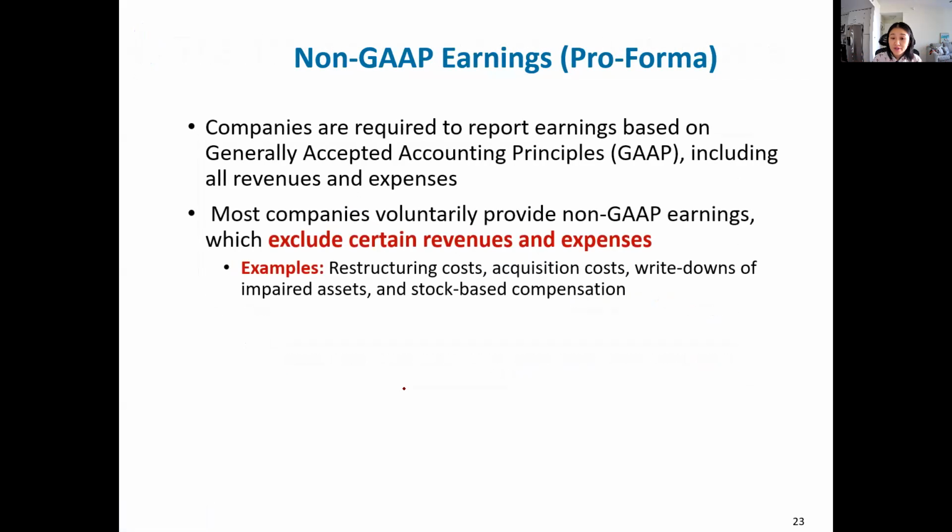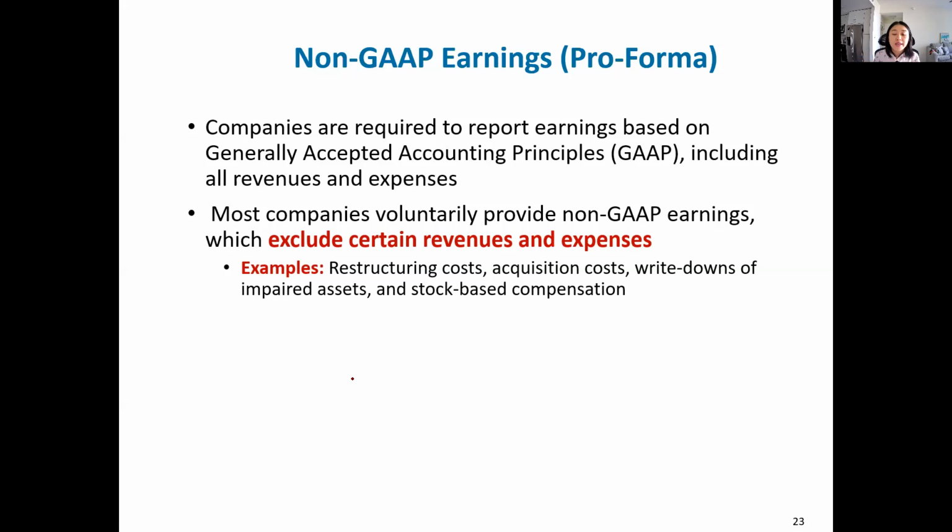Then I have to introduce another concept, called non-GAAP earnings. Companies are required to report earnings based on the generally accepted accounting principles. We talked about it in week 1. This includes all the revenues, expenses, gains, and losses. Most companies also voluntarily, meaning they don't have to but they like to, provide non-GAAP earnings, which exclude certain revenues and expenses.